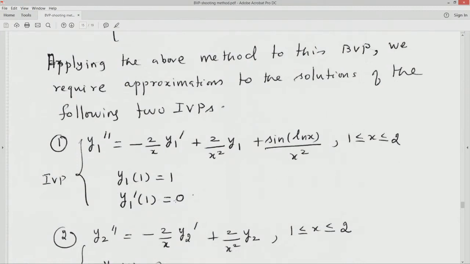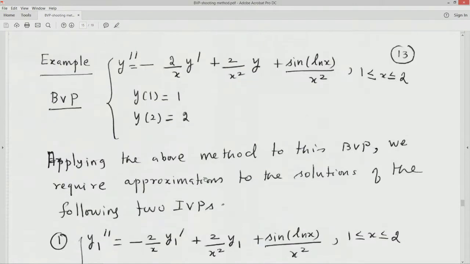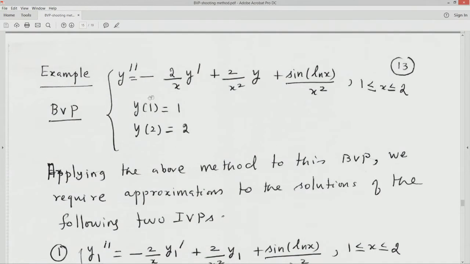So, it is clear. Let us now move to the second initial value problem. What is it? The second initial value problem corresponds to the homogeneous differential equation which is obtained from the given linear boundary value problem. This is the non-homogeneous term.